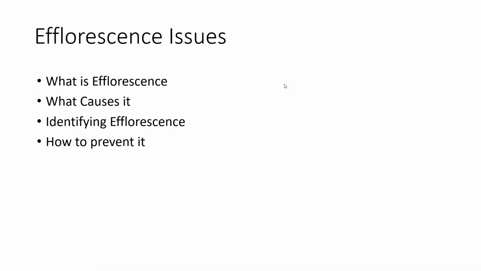Okay, so last month, Hollis had asked me to do a presentation, and that day I had just finished a huge house in McLean, Virginia, that had some issues, and I thought this would be a good topic to talk about.